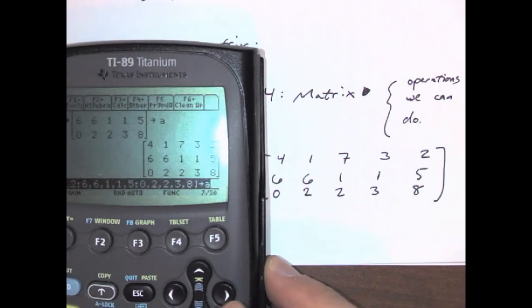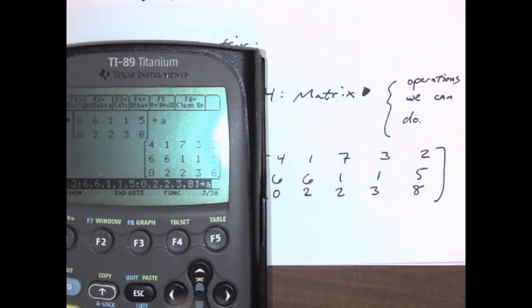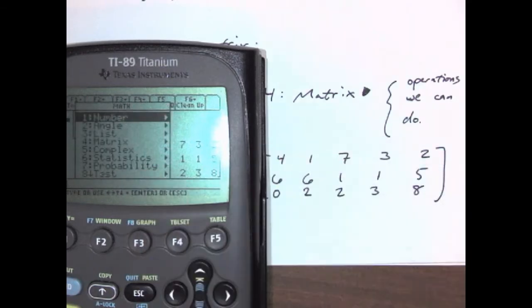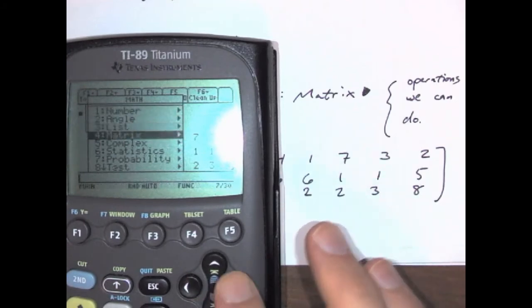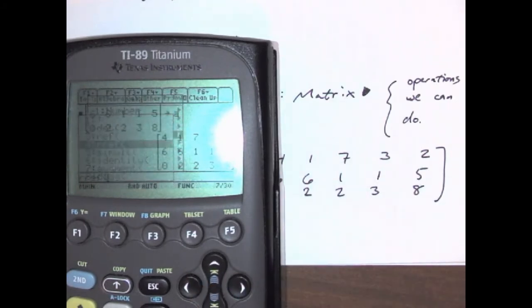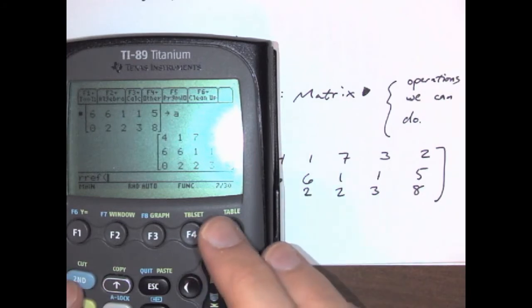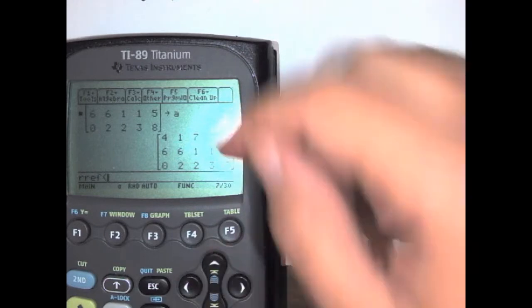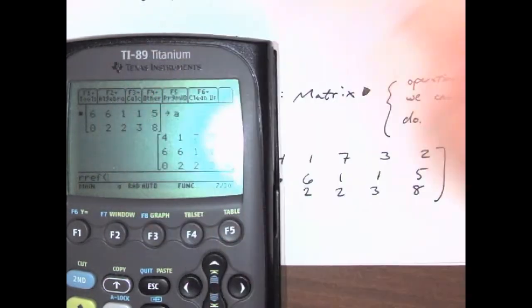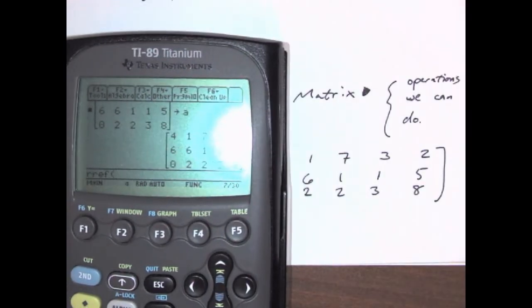So then once we have this, we can clear that. Not that we necessarily need to, but it's always good to have a clean workspace. And then we can scroll down to matrix, scroll down to RREF, and then just put in alpha and A. By the way, you'll know when alpha is indicated because down there you'll see the little letter A to mean that it's the alphabet that is being done.